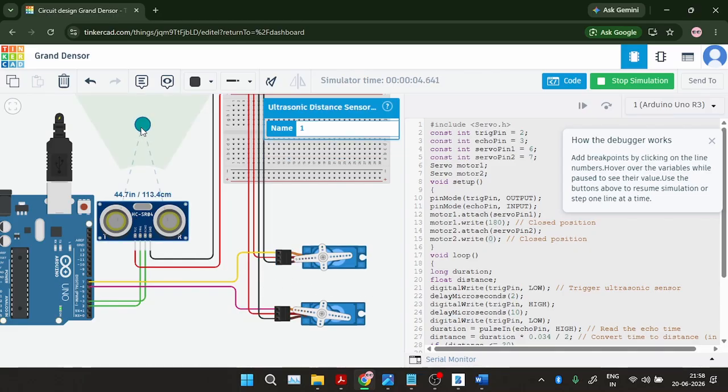Now when I bring this object close to 30 centimeters, let us say it's 33, so for 30 centimeters there is no difference, but when I bring it to 29.7, the gates are going to close.